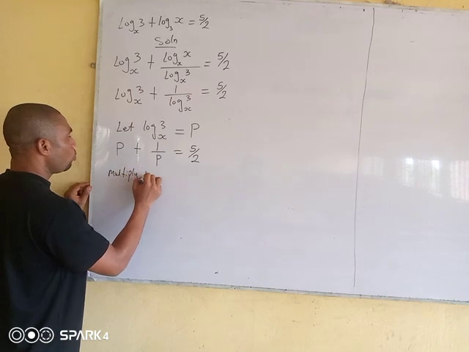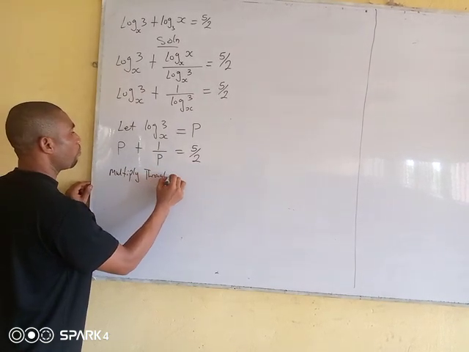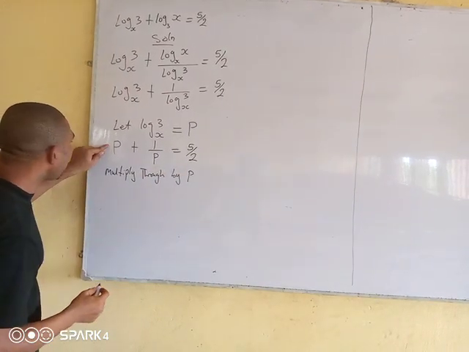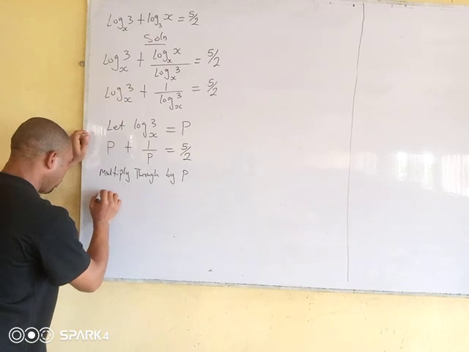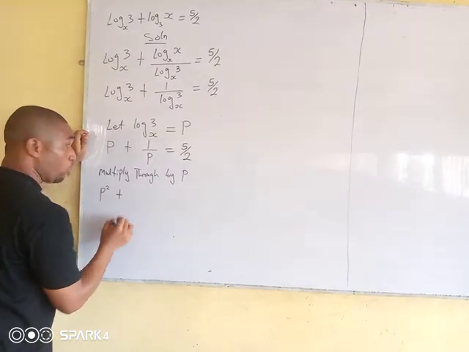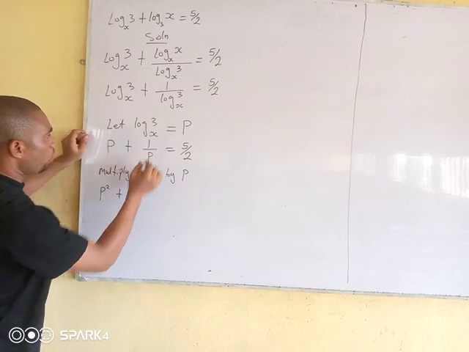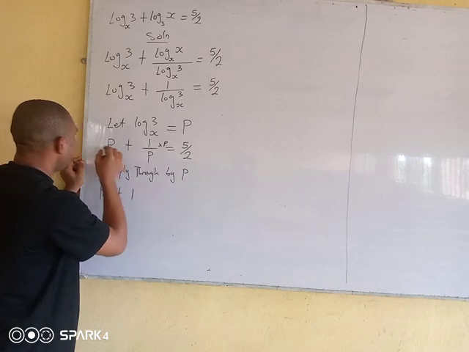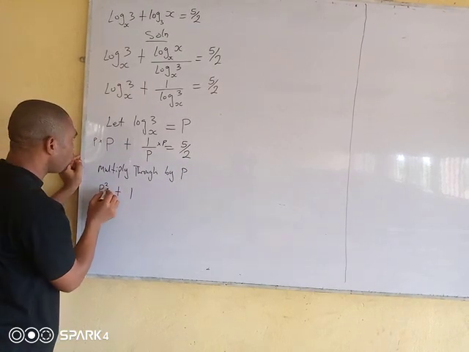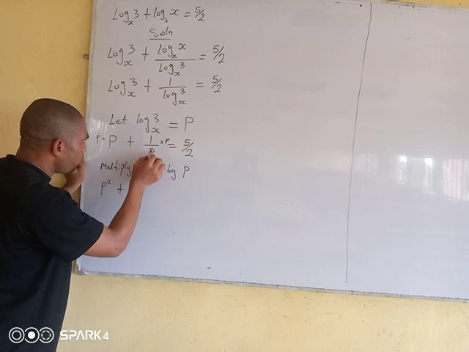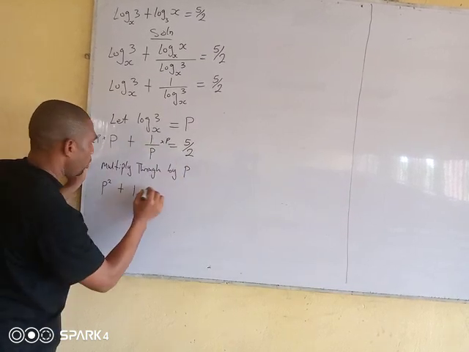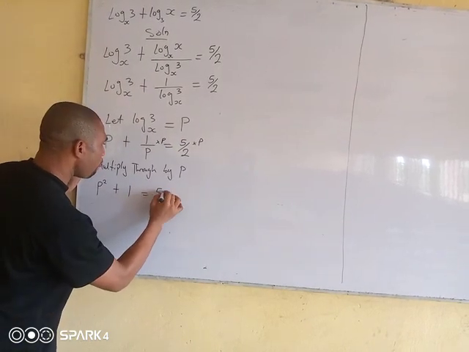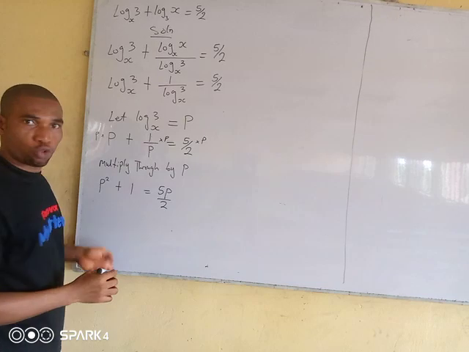Multiply through by p, meaning p times p will give me p squared plus 1, because if I multiply each term by p, I'm going to have 1 times p, which is p. P times p is p squared, plus p cancels out p, gives me 1. This is now equal to 5p over 2.